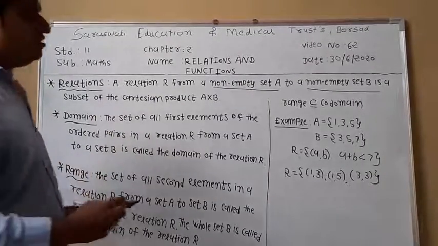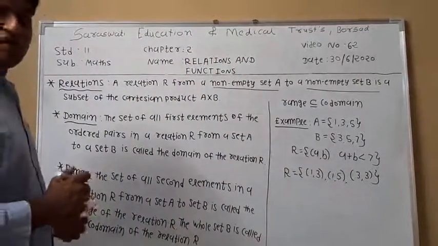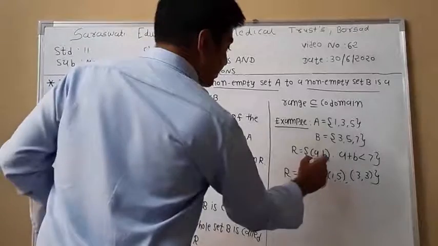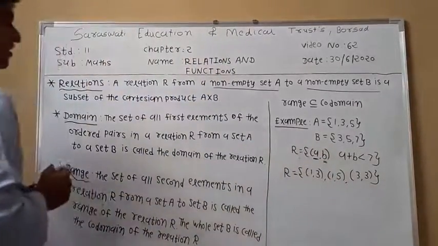Domain means the first position. So A is our domain, and the second position is our range.